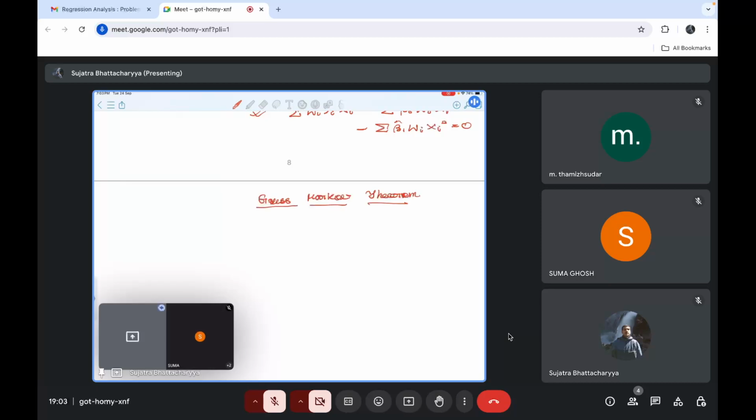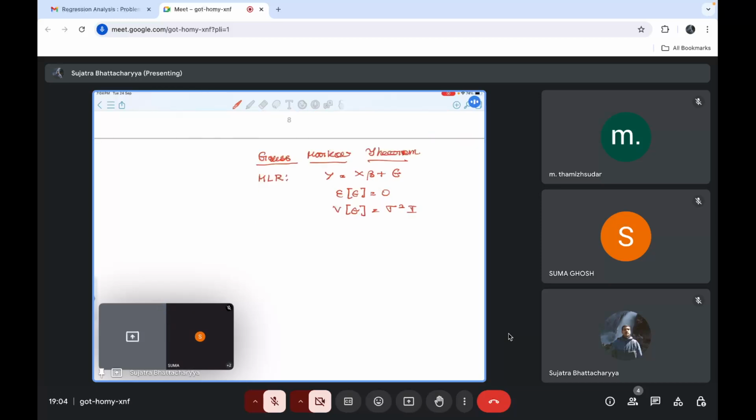There will be a statement of this theorem. Suppose you are using a multiple linear regression model, y is equal to x beta plus epsilon. You should know that E of epsilon should be equal to 0 and variance of epsilon should be equal to sigma square into I.